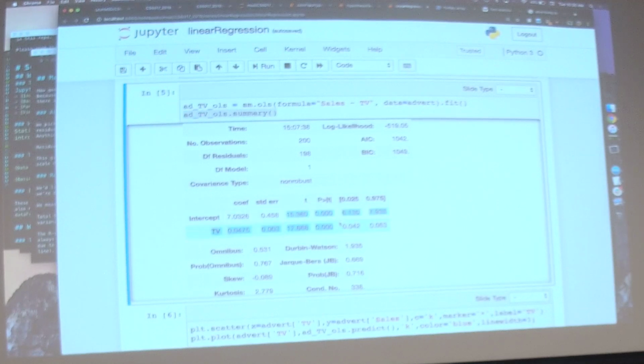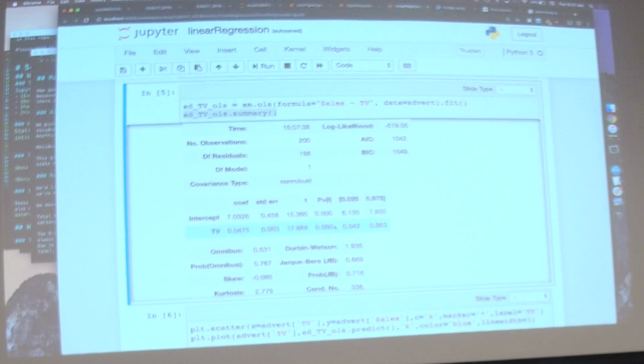These are actually hypothesis tests right here. This is telling me the t-value of this coefficient being 0. What it says is, assume this value was 0, what is the probability of getting this?